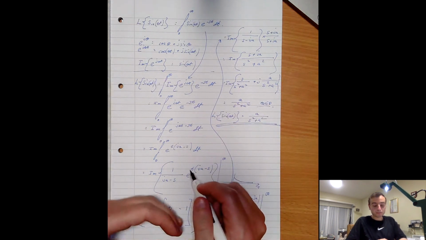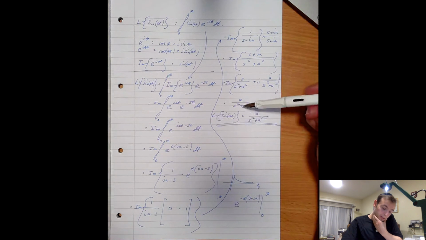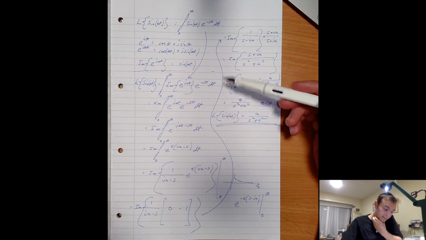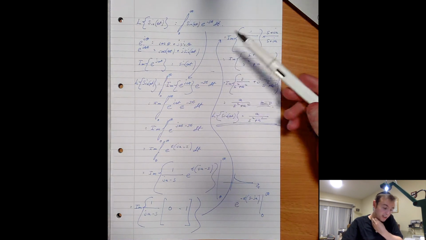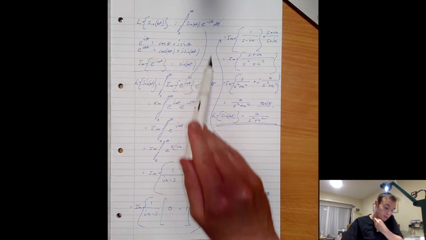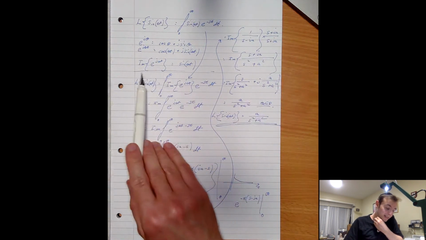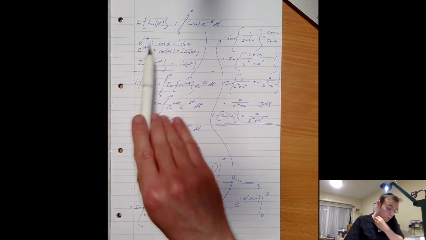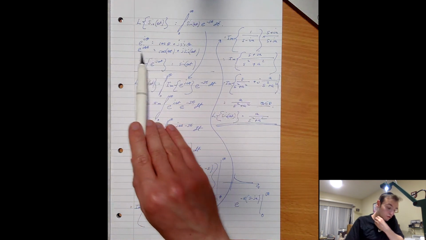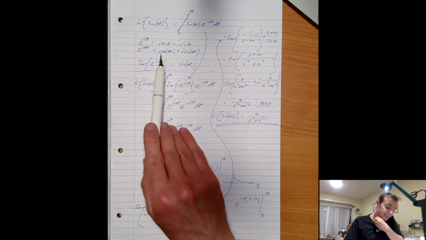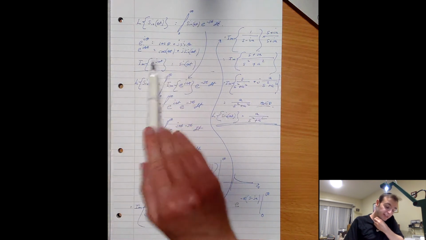Simple as that. If you notice, we can find very easily what the Laplace transform of cosine at is going to be as well, because we would set this up in exactly the same way, except when we get down to Euler, we say that the real part of e to the jat is cosine at, not the imaginary part.